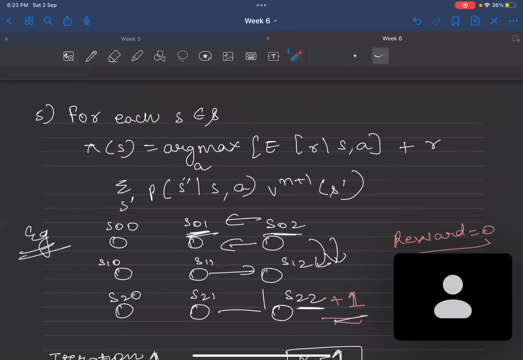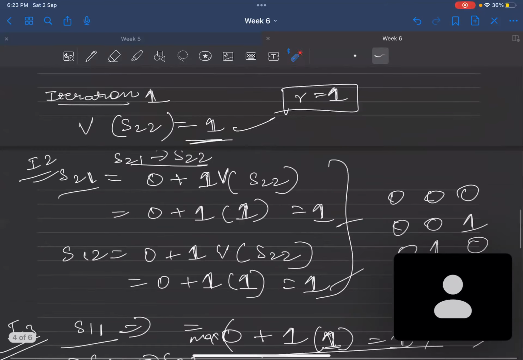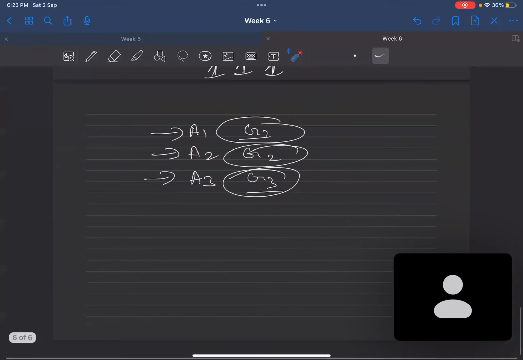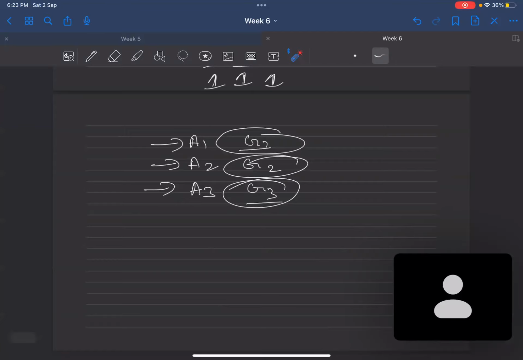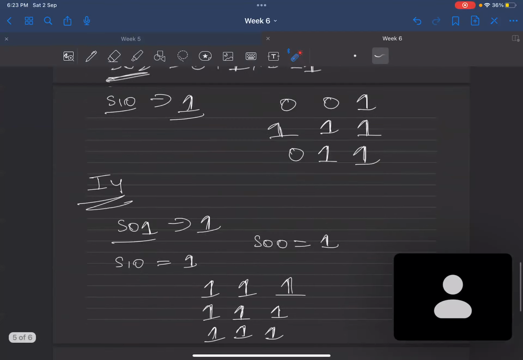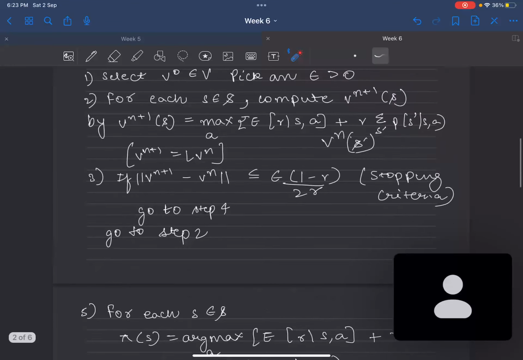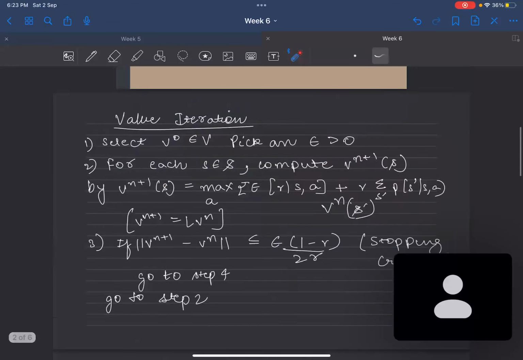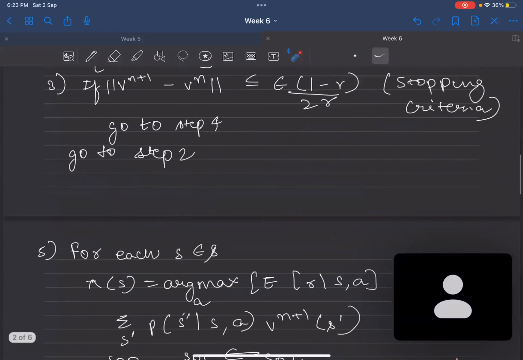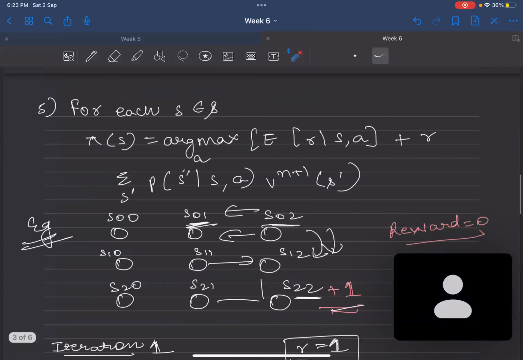You are correct here. So basically, policy is which action is giving me the maximum here, and the second step is which is the maximum value. That is the updating equation. And then I want to check which action gave me the maximum expected return.